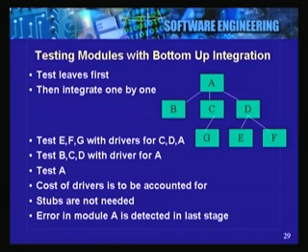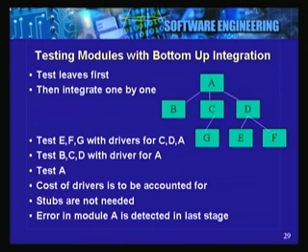And when you want to test B, C, D, you don't need stubs for G, E, F because the lower level modules are ready, but you need a driver for A. When you want to test A, you don't need any driver nor any stub, because all the lower levels are ready and A itself is the highest level module. You can test the highest level module directly; you don't need a driver only for the highest level module.